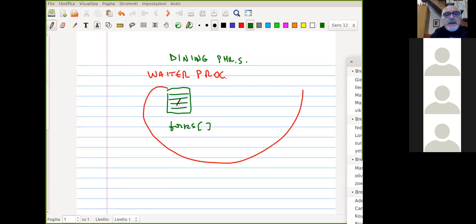You can write 0 or 1 to say that the fork is in use or is free. So if the waiter works properly, the waiter interacts with all philosophers.